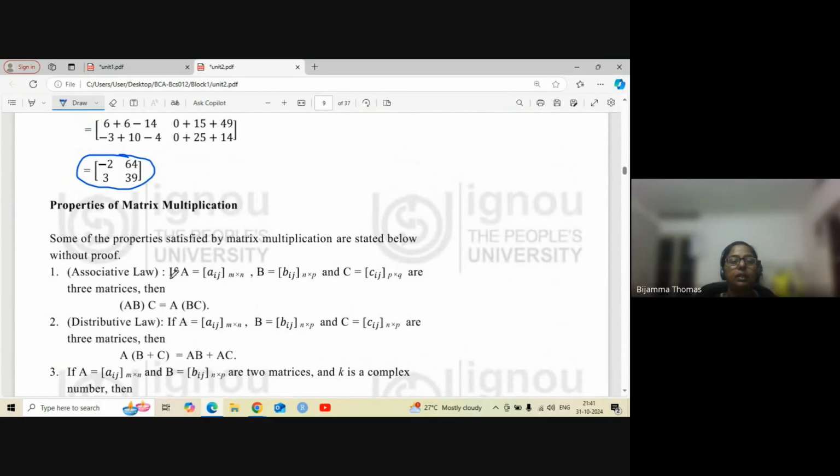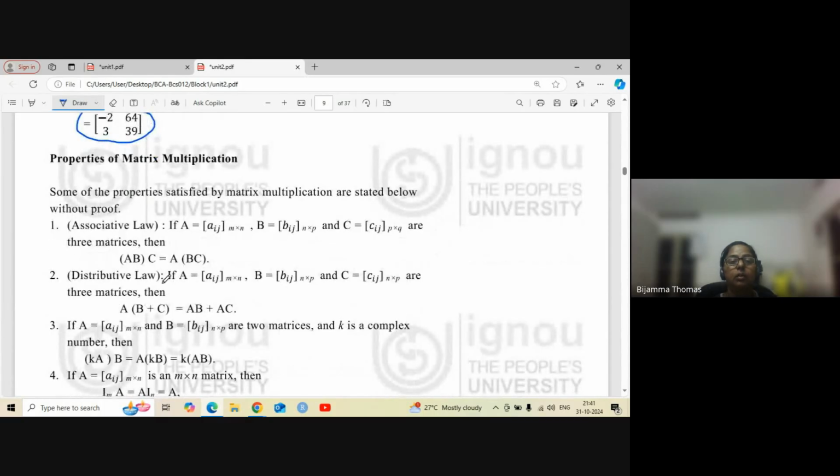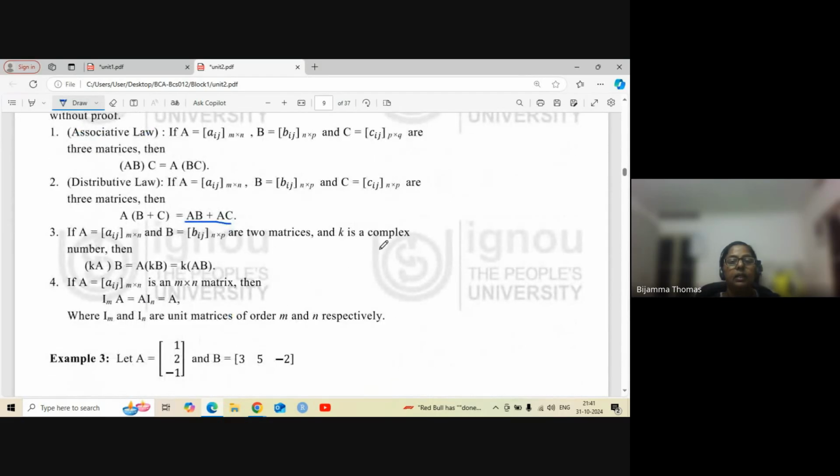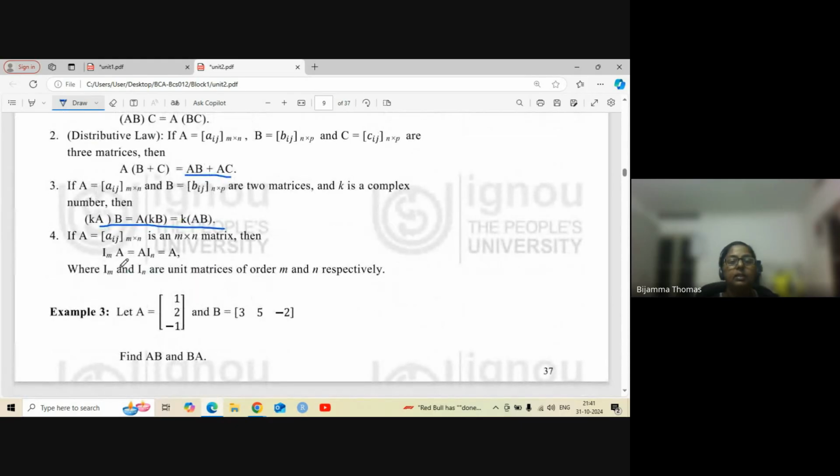Okay, ma'am. Now come to the properties of matrices. The first is the associative law: (AB)C will be equal to A(BC). Then the distributive law: A(B + C) will be equal to AB + AC. Then K is any number, A and B are matrices and K is any number: K(AB) equals (KA)B, which is again equal to A(KB). Then the fourth one is the identity matrix.